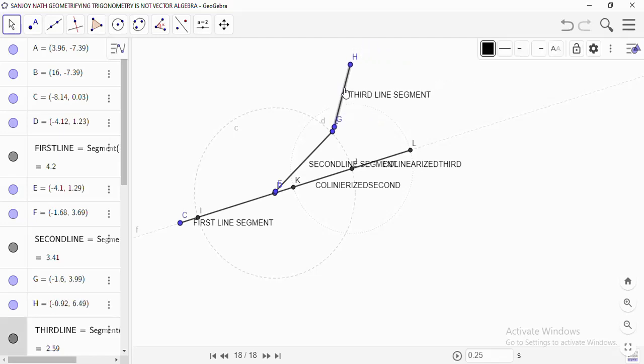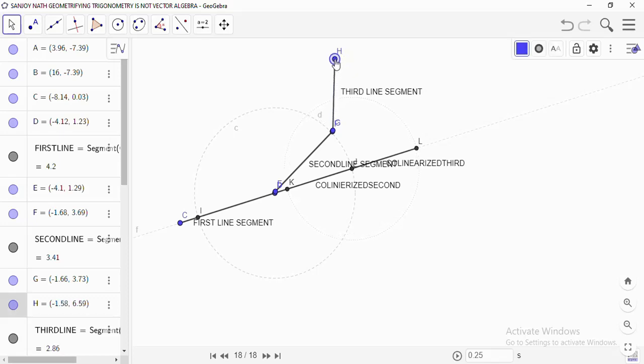Suppose cumulative addition is done. Then for cumulative addition the direction of movement of the integral curve will go in this direction, and no parallelogram law or triangle law is used. The cumulative addition is done in this way, and the collinearized addition is done in this way.